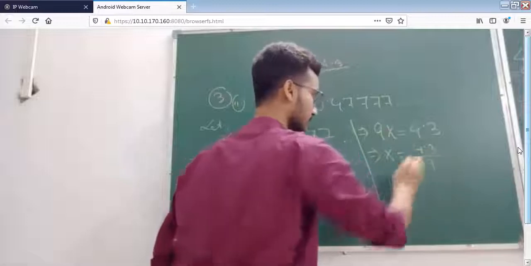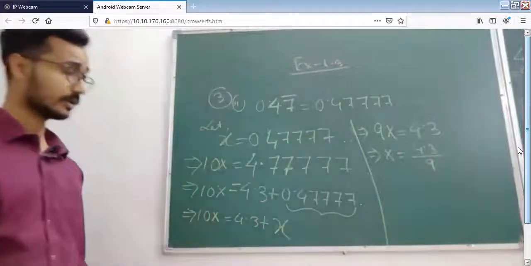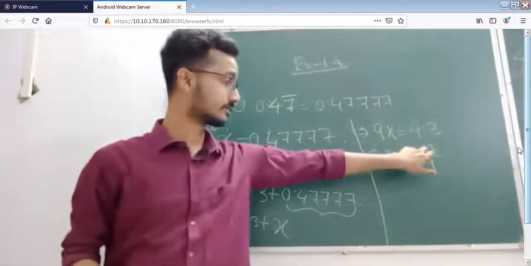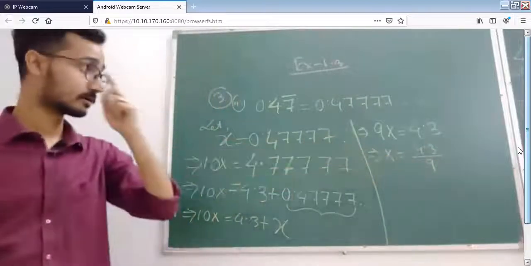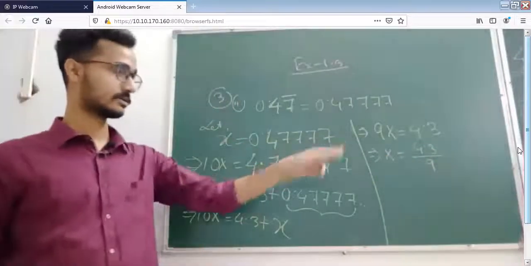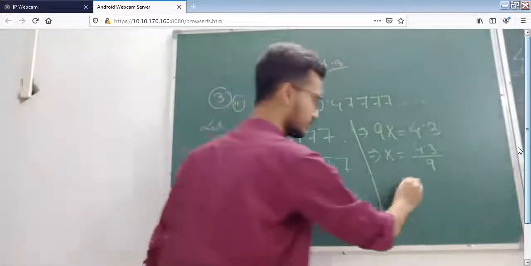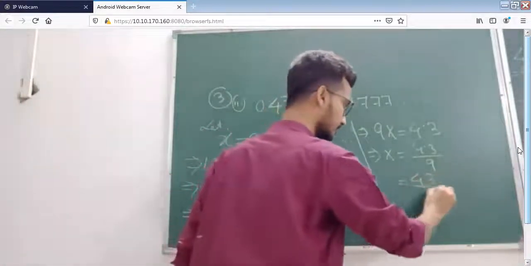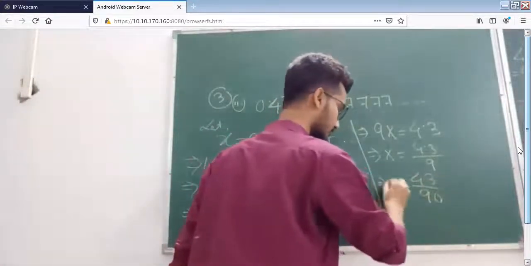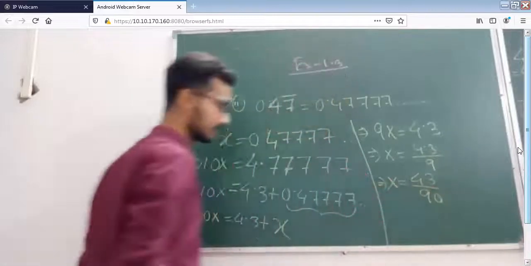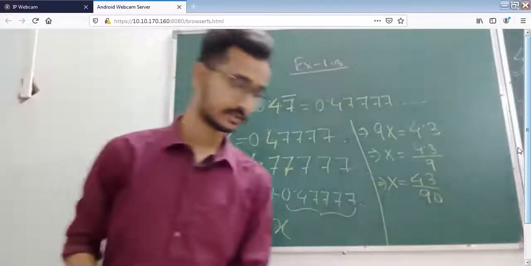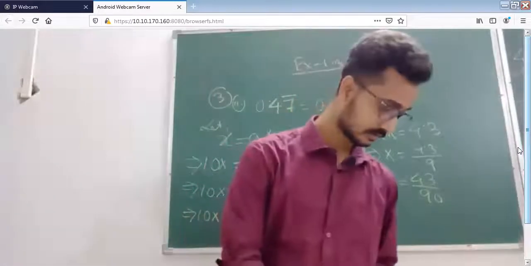Yes or no? Here, if you want to remove the decimal, you have to multiply both the numerator and denominator by 10. Then it will be 43 by 90. So it is in the form of P by Q, where P is 43, Q is 90, and Q does not equal 0. Yes or no? Have you understood?